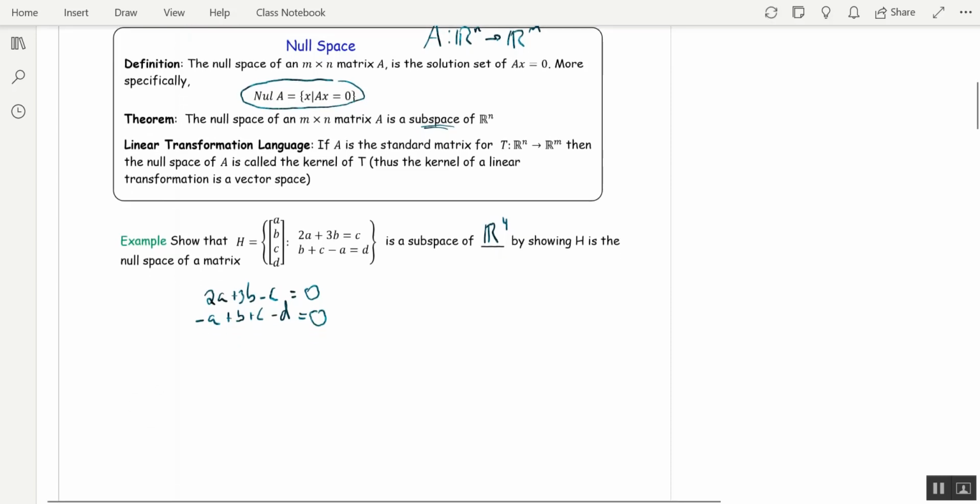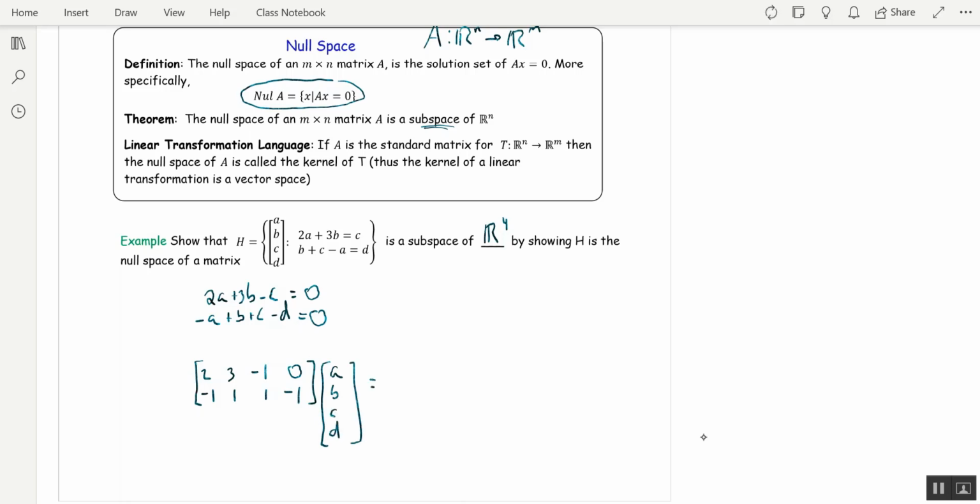So in matrix form, that linear system, the coefficient matrix is 2, 3, negative 1, 0, and then negative 1, 1, 1, negative 1. And then we have the vector (a, b, c, d), and that equals the vector 0, 0. So the zeros are in R2, and the vectors are in R4.